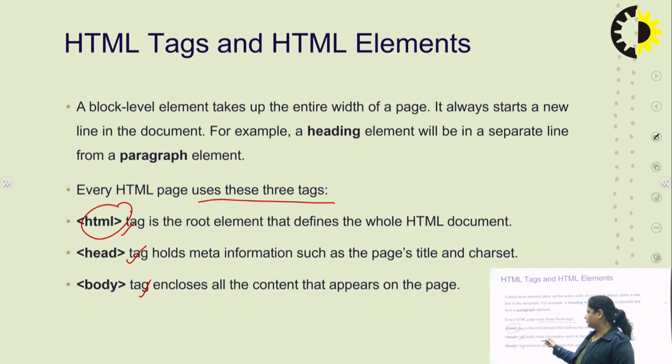That is the use of the head tag. Next is body. In the body tag, we describe all the parts of HTML coding. The body tag encloses all the content that appears on the page. So whatever we create in any web page, all these things are held by the body tag.